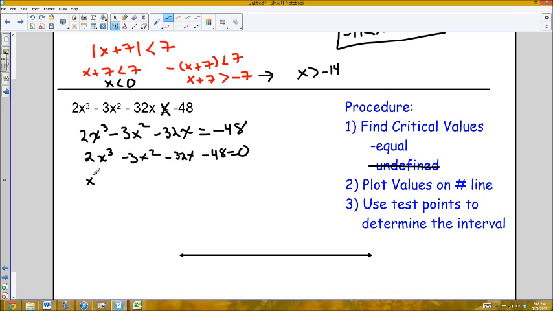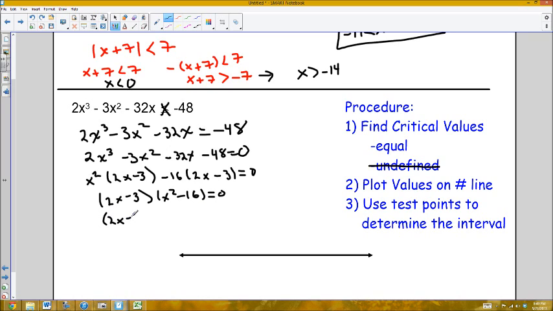This has a common factor of x squared in it. I'm left with 2x minus 3. This has a common factor of, it looks like, 16. This will be minus 16. And I'm left with 2x minus 3. So I'm going to factor that 2x minus 3 out of each group.